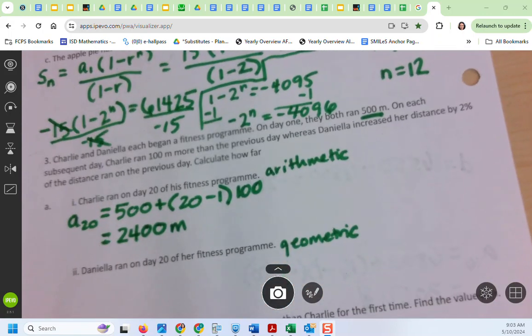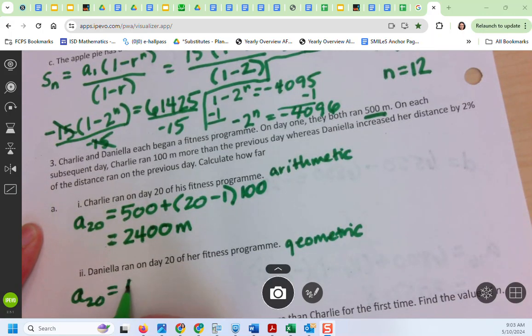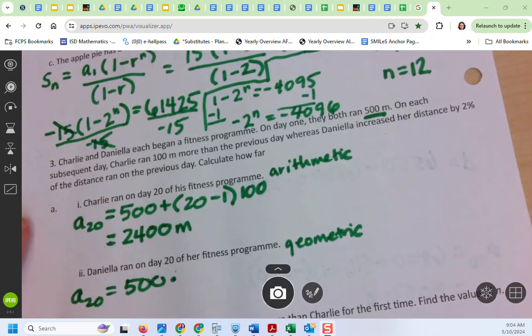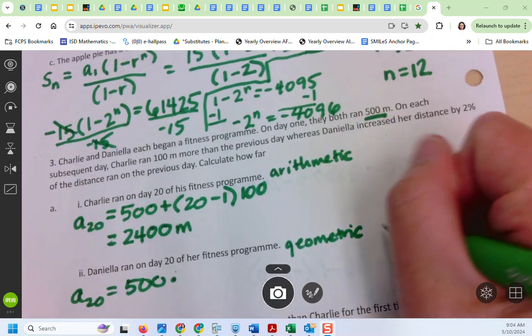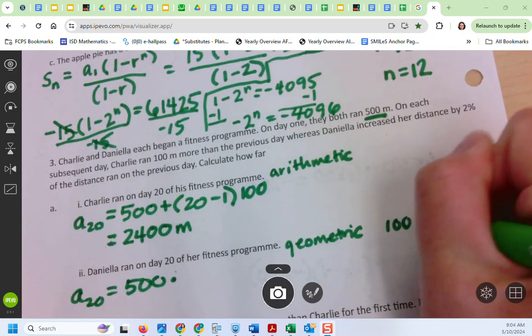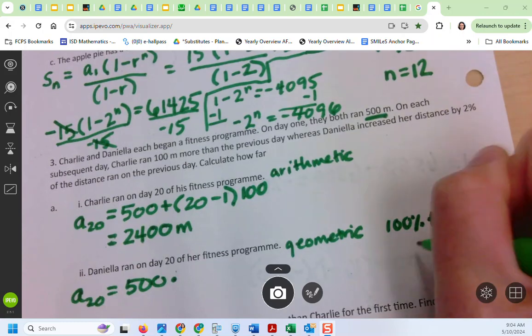All right, Daniela. So Daniela is geometric, so we're going to find a sub 20 for her. Still start with a sub 1 times r. So this time it says the r increases by 2%. So it's 100% plus 2% makes 102%.